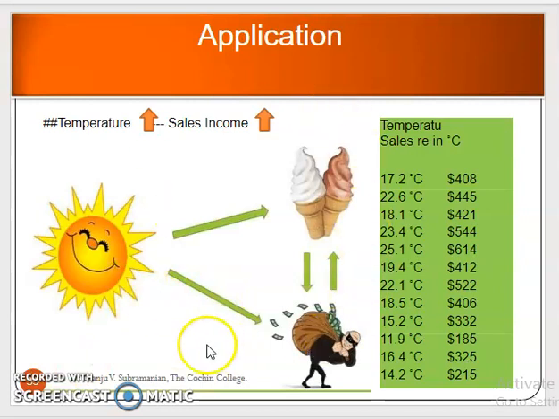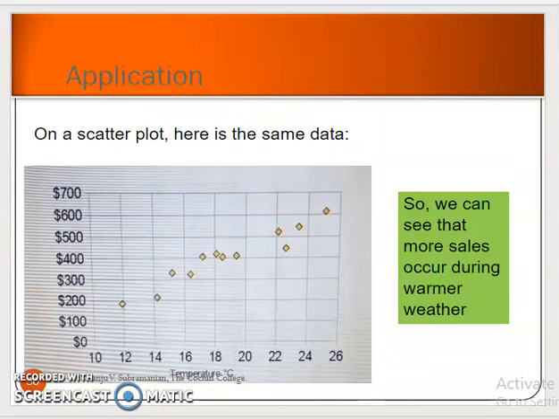Then this is another example showing correlation. As the temperature increases, the sales income increases. The sales of ice cream increase, the sales of AC increase, isn't it? So as the temperature increases, there is an increase in these commodities and in turn the sales increase. So it's another positive correlation.